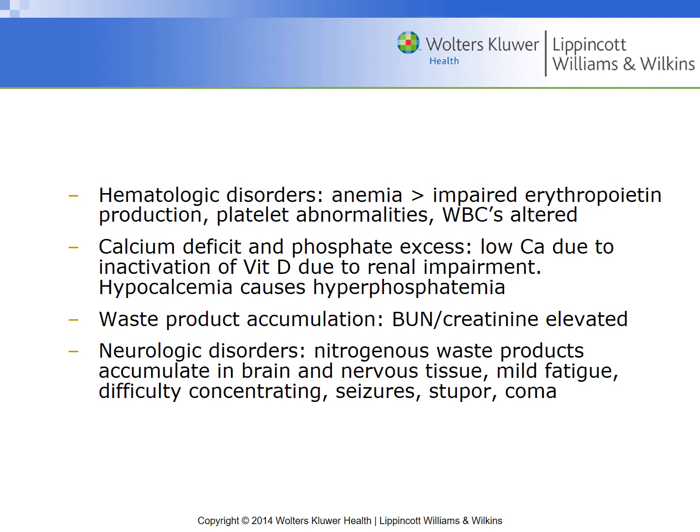When the kidneys are impaired, so is erythropoietin production. Also, we'll see platelet abnormalities. When we don't have enough platelets, what are we at risk for? We're at risk for bleeding, so we have to watch for signs and symptoms of bleeding. Also, our white blood cells are altered for these patients as well.